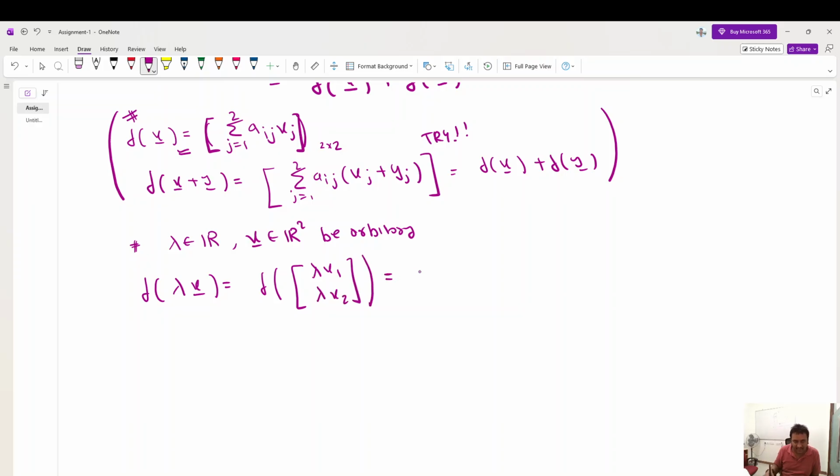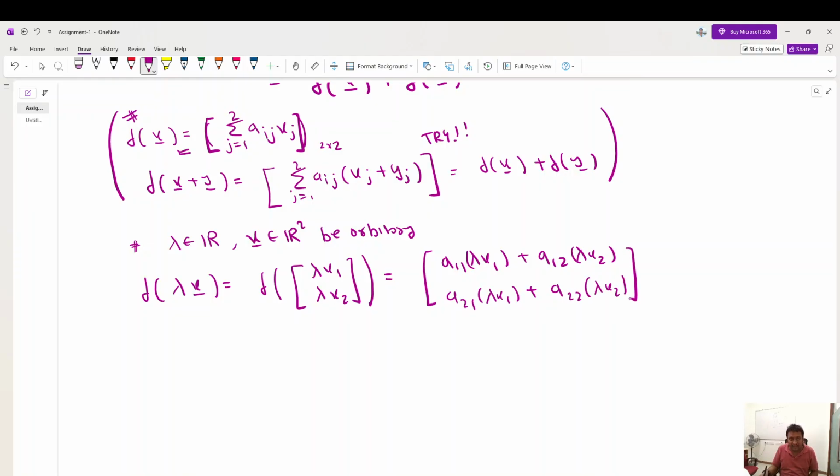Now you know the definition, right? So a11 lambda x1, plus a12 lambda x2, a21 lambda x1 plus a22 lambda x2. If you don't remember the definition, that is fine. You can always multiply two matrices like we have done above, right?